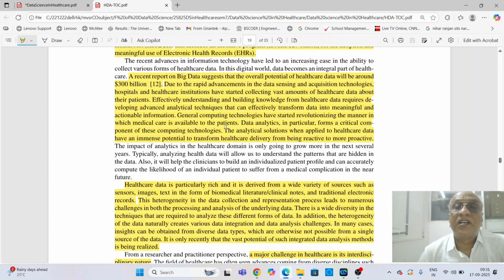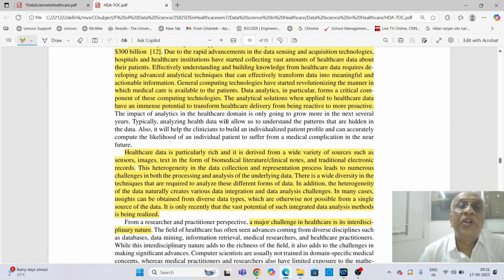Data analytics plays a critical role among the computing technologies in the healthcare sector. When we apply analytical solutions to healthcare data, it will help in transforming healthcare delivery from being reactive to being more proactive.